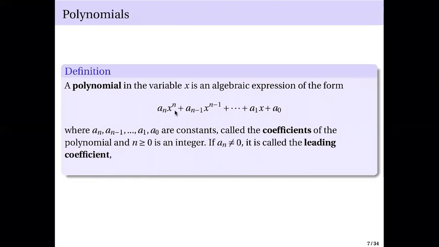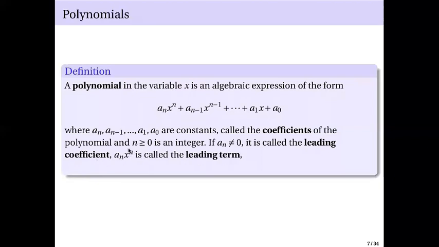If this a_n here is not equal to 0, we call it the leading coefficient. So take note, all of these numbers, a_(n-1), a_1 until a_0, are called coefficients. But the coefficient of the variable with the highest exponent will be called the leading coefficient.